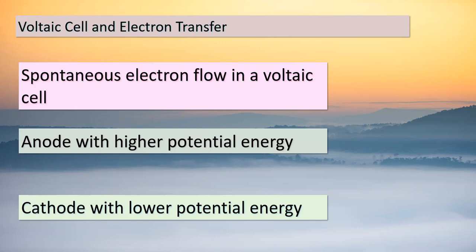This flow of electrons through an external circuit is what allows us to harness electrical energy for various applications. The cathode, with its lower potential energy, becomes the destination for these electrons. The entire process showcases the interconnectedness between potential energy, electron flow, and the fascinating world of electrochemical reactions.